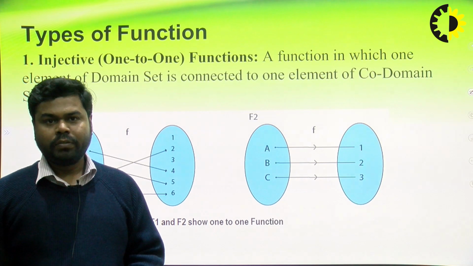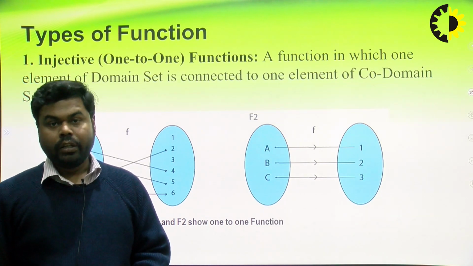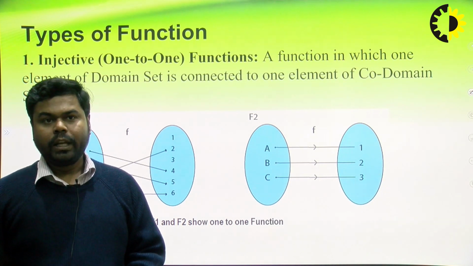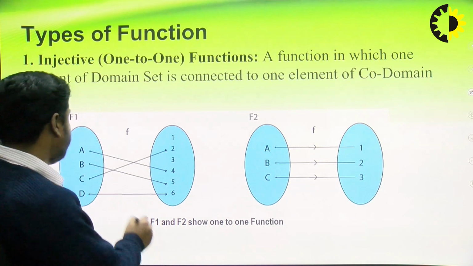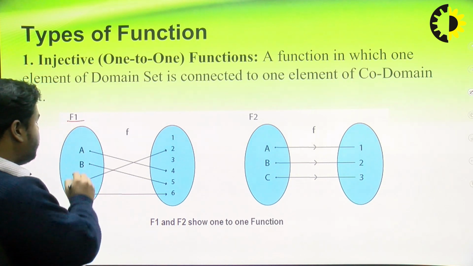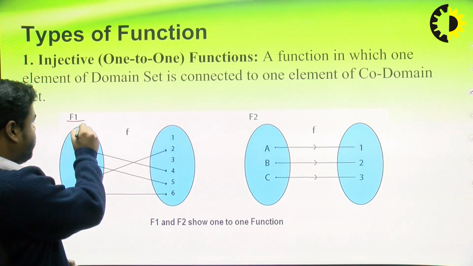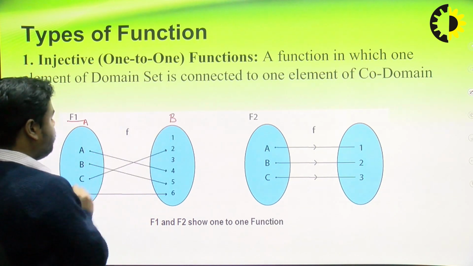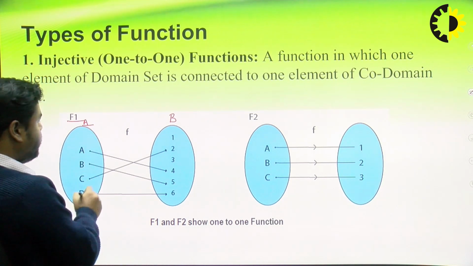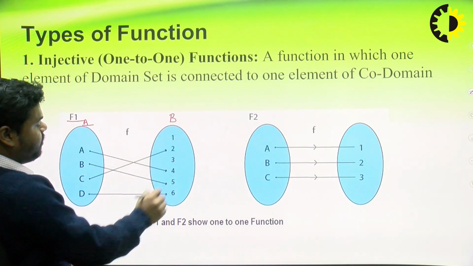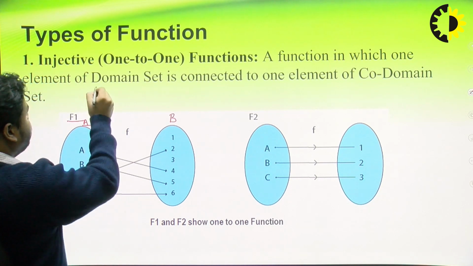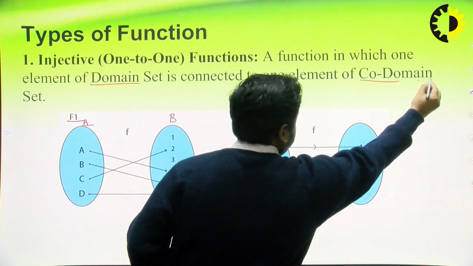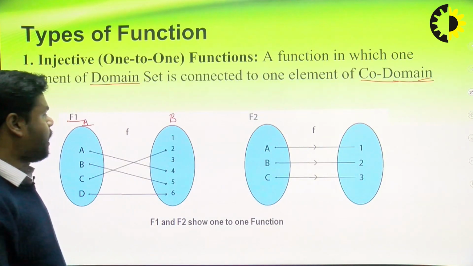The domain is the set A and the codomain is the set B. Like here, set A contains a, b, c, d and set B contains 1, 2, 3, 4, 5, 6. So set A is called the domain and B is called the codomain.